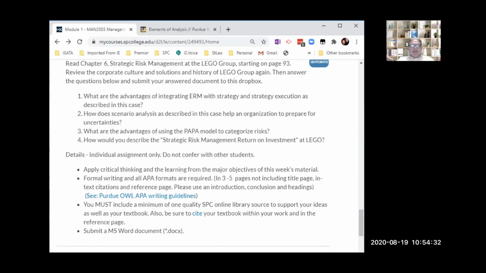So we'll look at the methodologies include how to do a risk assessment, how to do a problem analysis, how to do a root cause. And I'm looking for a comparison and contrast within your work that reflects the nature of the concepts applied in each case study.